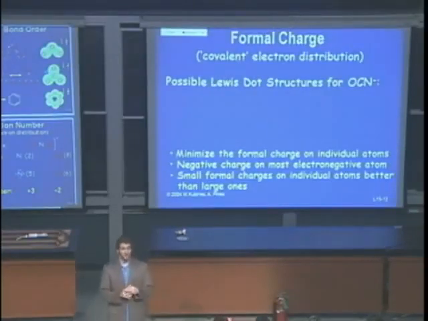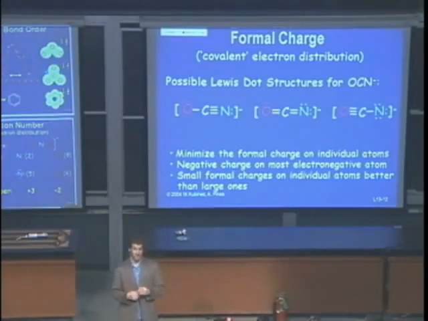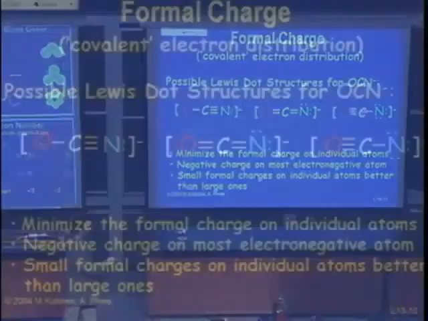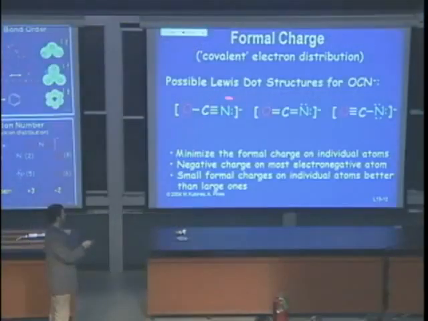Now, we can use this formal charge to predict what the best Lewis structure is. If we have OCN minus, there's 3 potential Lewis structures here. We could have a C triple bond O, double bonds on either side, or a C triple bond N. Now, the 3 rules for formal charge. 1, we want to minimize the formal charge on the individual atoms.